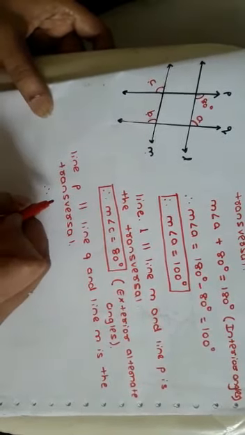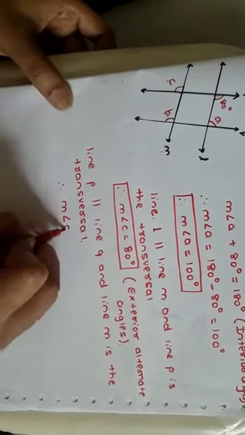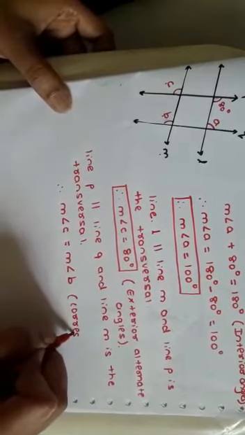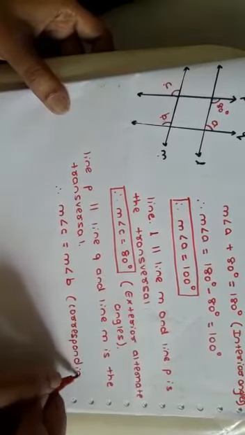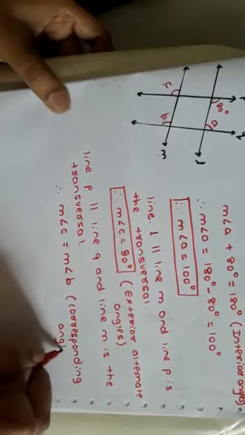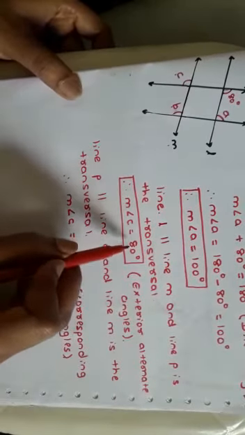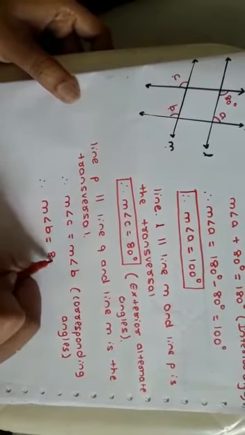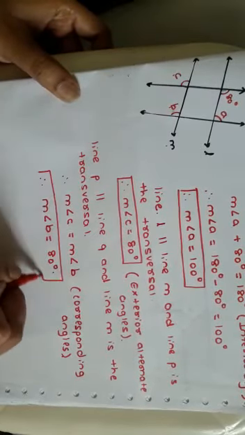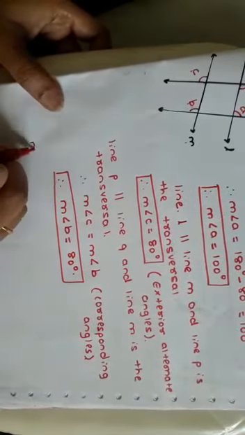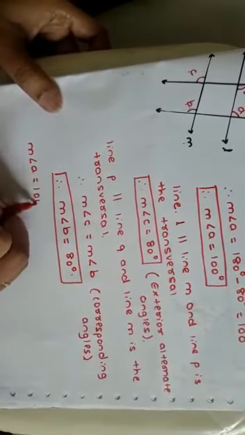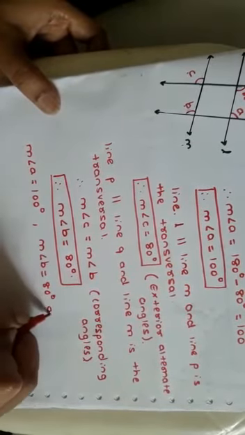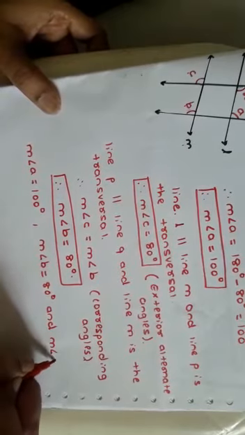Since they are corresponding angles, measure angle C is the same as measure angle B. But measure angle C is 80 degree. So therefore measure angle B is also 80 degree. So measure angle A is 100 degree, measure angle B is 80 degree and measure angle C is 80 degree.